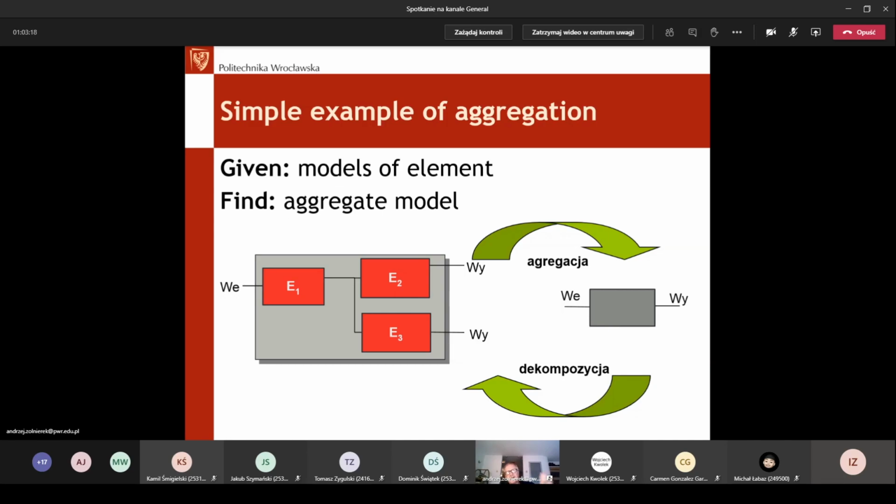because when we aggregate our elements into one mathematical representation, then we calculate something using this aggregated model, but we can say only something about the relation between these outputs and this input.